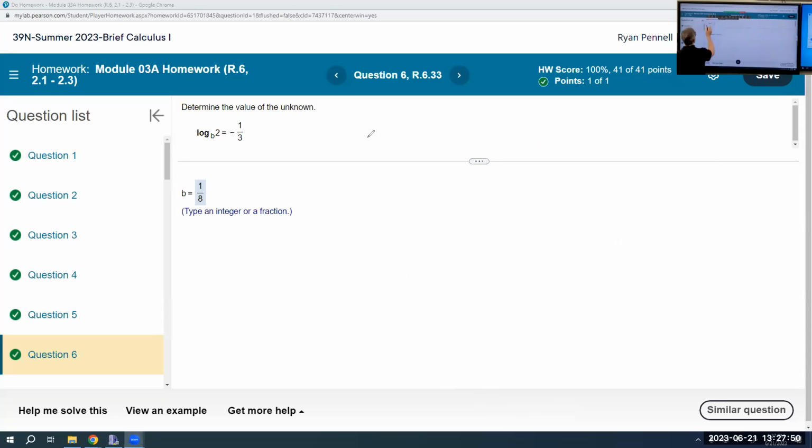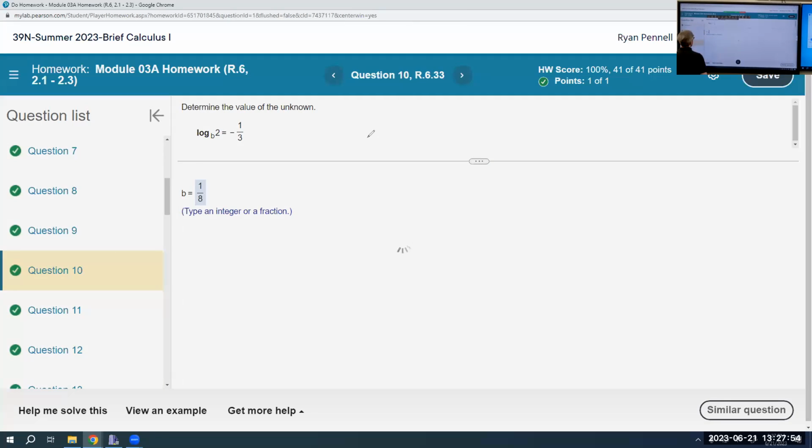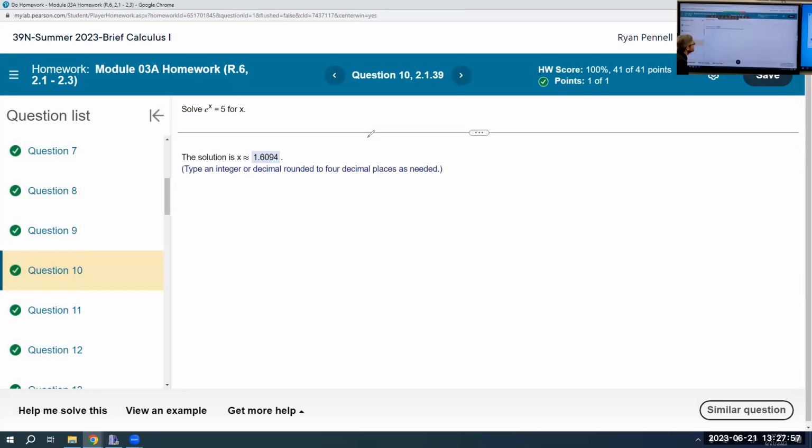Okay, next part, I'm going to skip down to problem 10 and start talking about these. Here we have e to the x equals 5. Solve for x. The x is in the exponent.